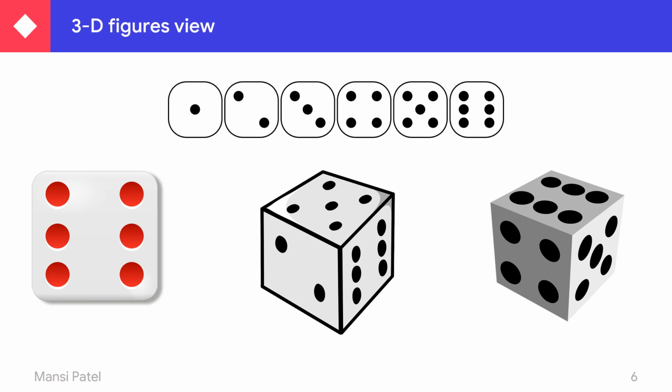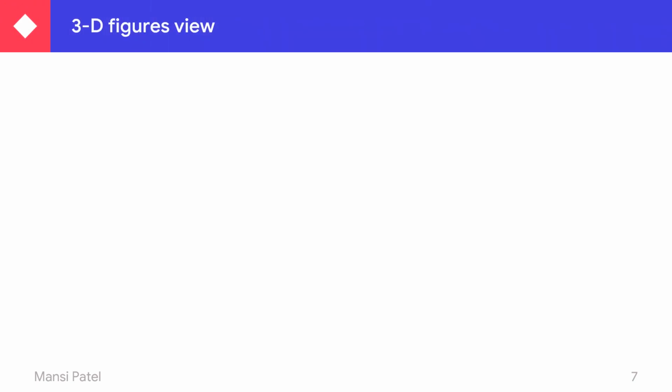Then in another figure, there are also three faces, but it is different from position to position. So when we see 3D figures, their views are different from position to position, and also from angle to angle.